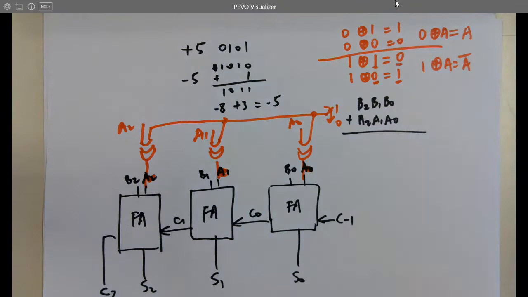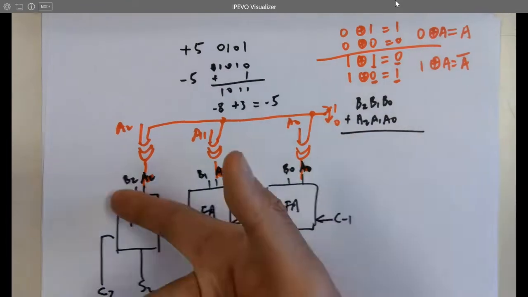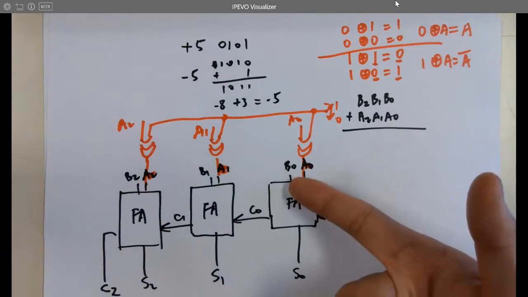If I give a 1 to it, then all the A's are toggled, and we need to toggle it to get the 2's complement, right? If we put a 0 there, all the A's are unchanged. So A will be passed through to here and it's still an adding operation.